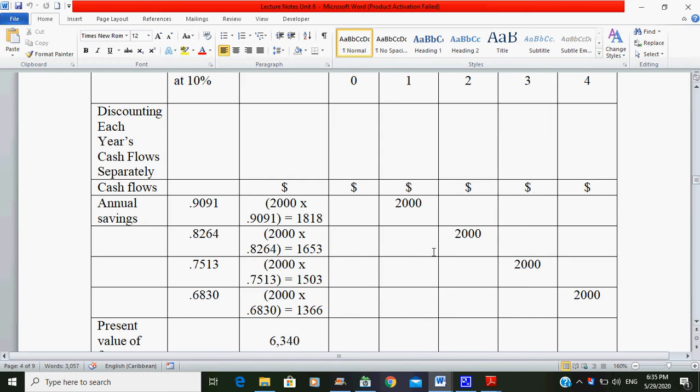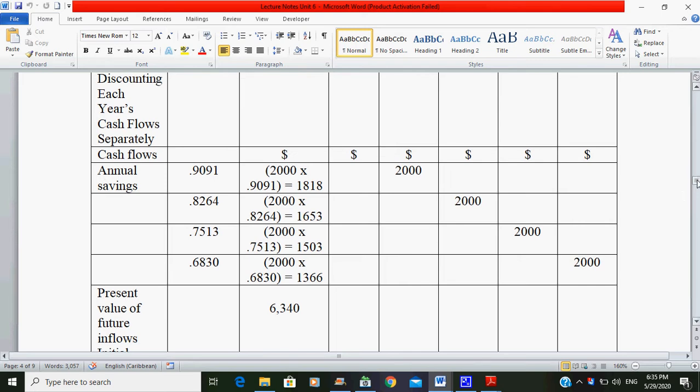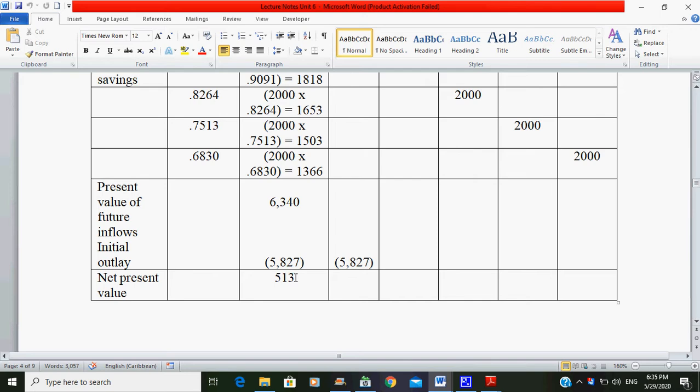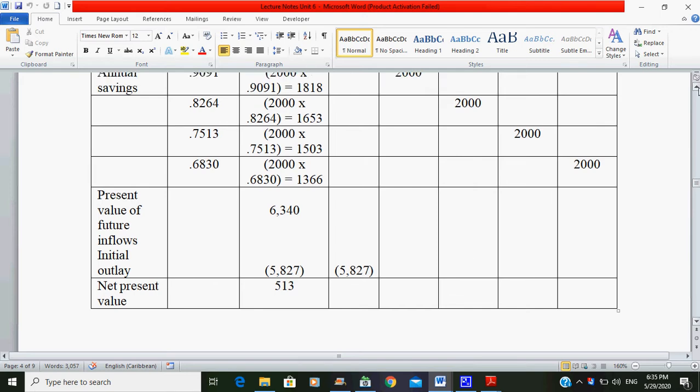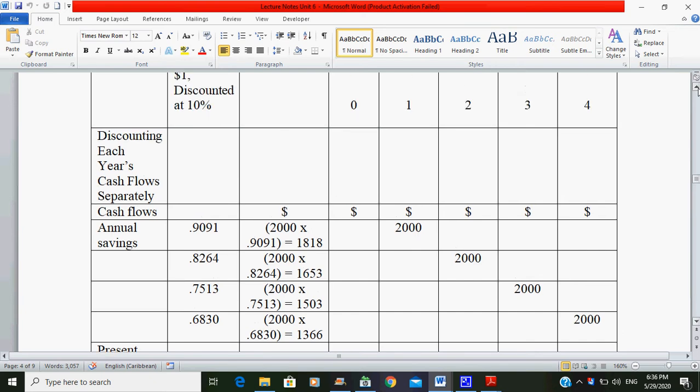Outflow. Year 1, year 2, year 3, year 4. And these are the cash savings: 2000, 2000, 2000, 2000. So complete that.